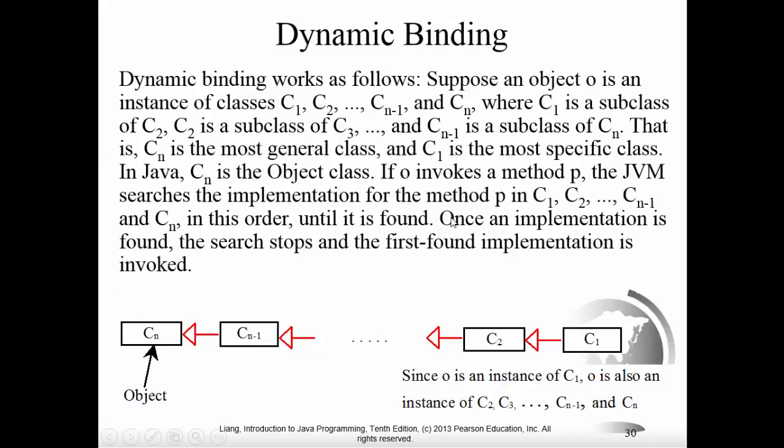Now dynamic binding is what allows us to do that. This is where we can create instances of objects by using the Java virtual machine, the Java runtime, and we're going to be able to override all of our different methods, and Java is going to figure out which one to run based on the last class that has been put in place.